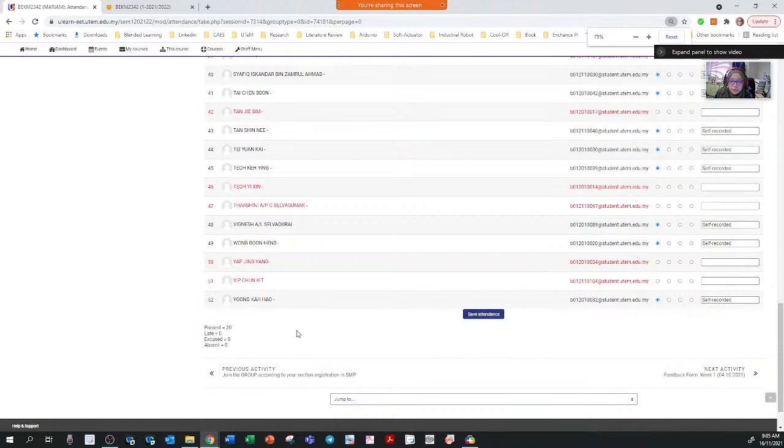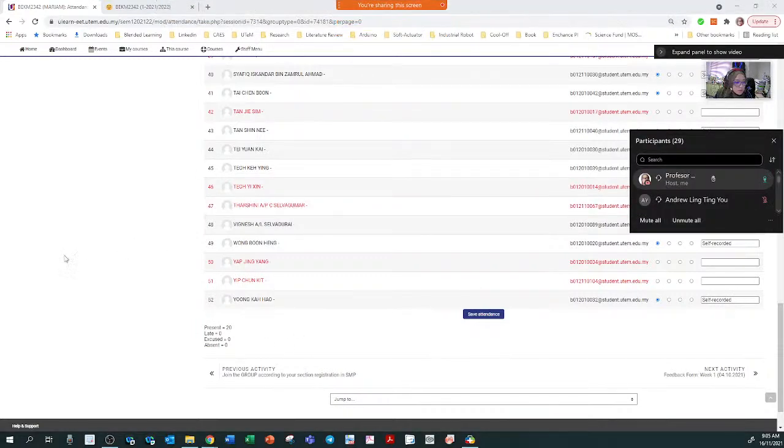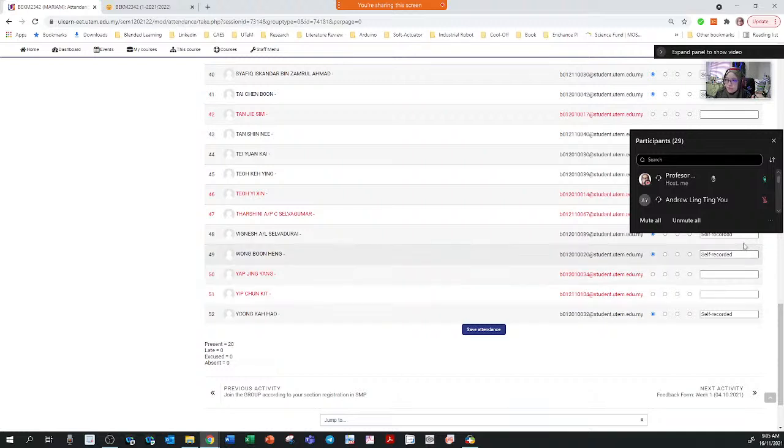Right now only 20 students inside, so we have 29, so 9 students, please do the attendance. I'm not sure if you have been to UTEM before. Have you been to campus before this, or have you been online since first year?